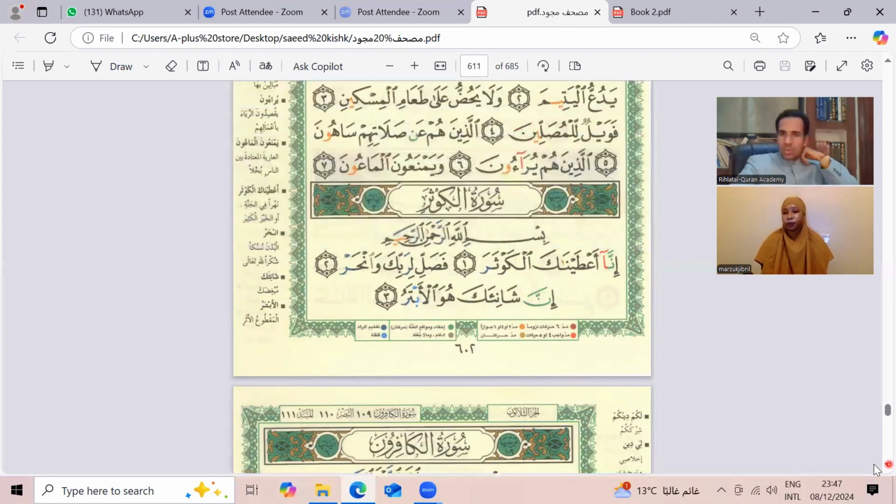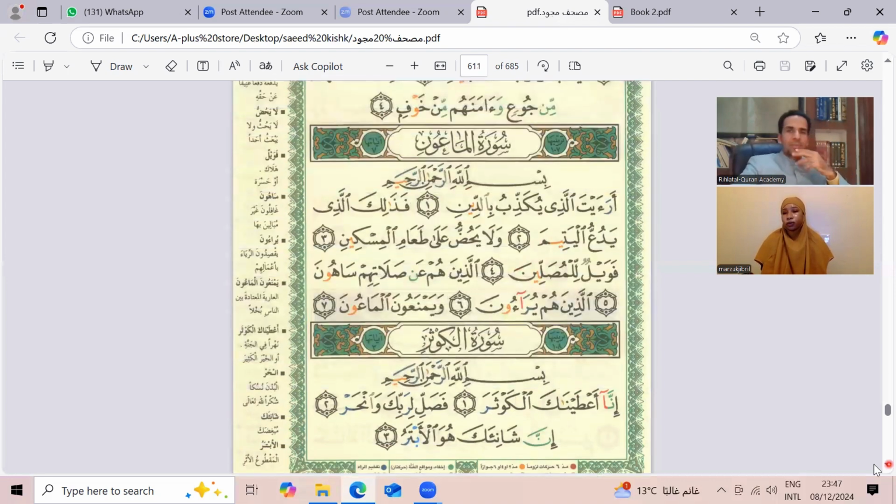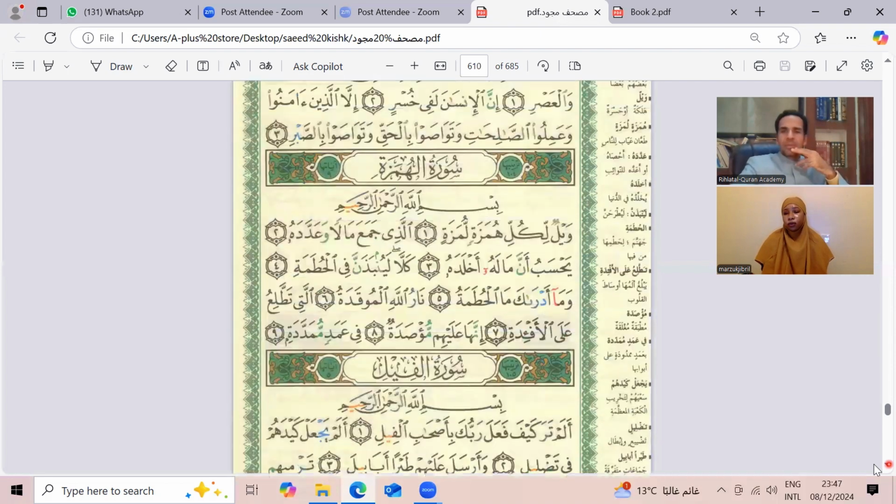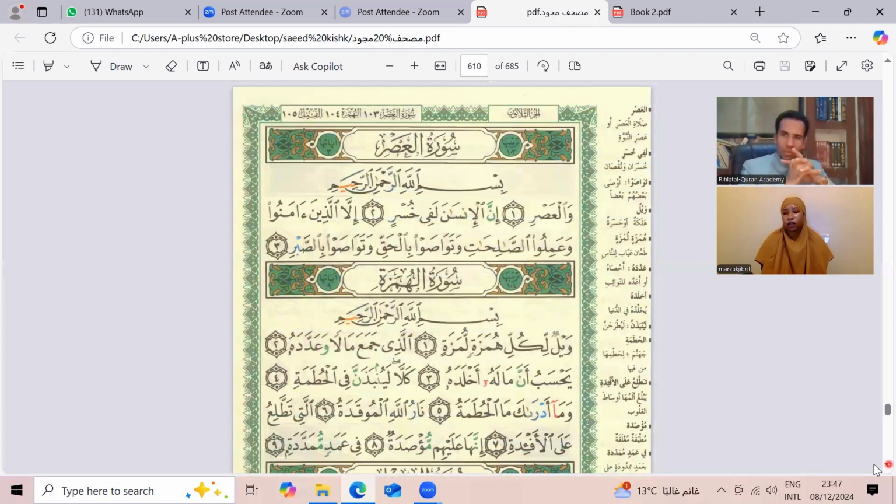Okay, Surah Al-Fil, for example. What does Al-Fil mean? The elephant. Can you tell me the story of the elephant? The king of Yemen, called Abraha.